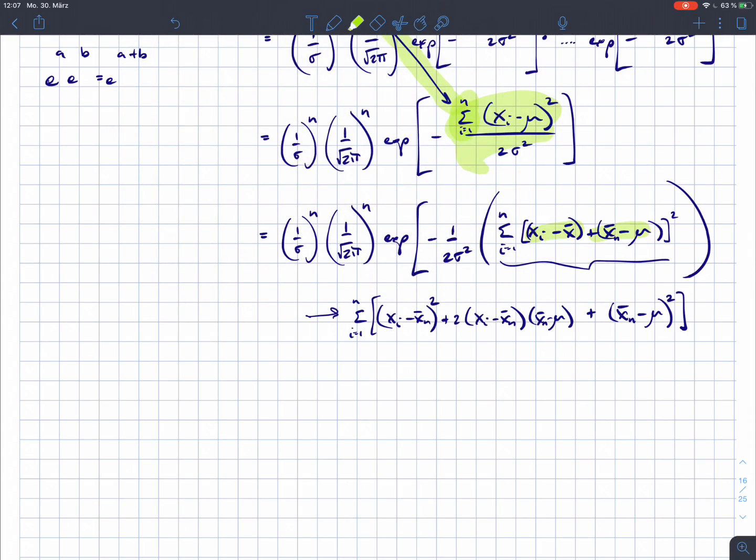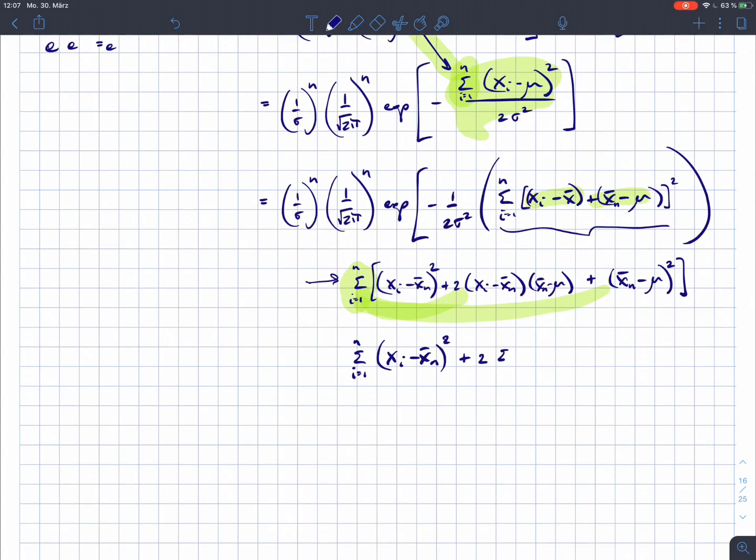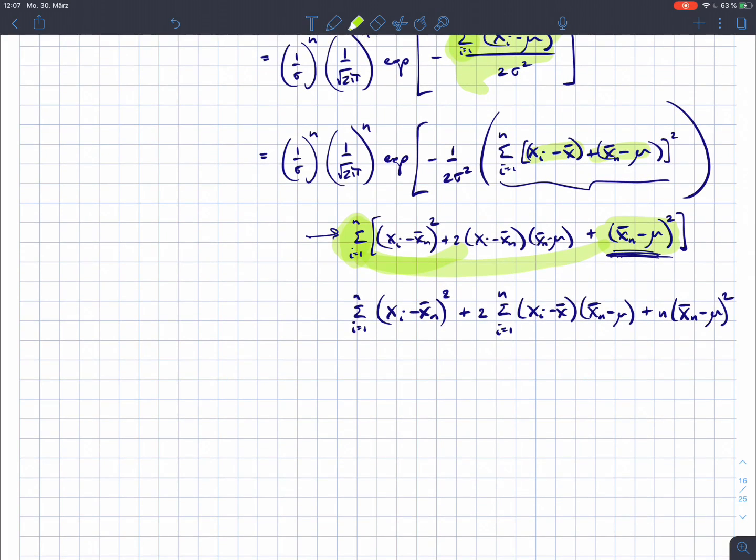Now I want to take this sum and distribute it to each piece. So for the first piece, I get the sum of (xi minus x bar) squared, plus 2 times the sum of (xi minus x bar) times (x bar minus mu), plus, and when I take the sum of this one there's no index i in here, so I'm just adding this thing up n times. So I get n times that thing.